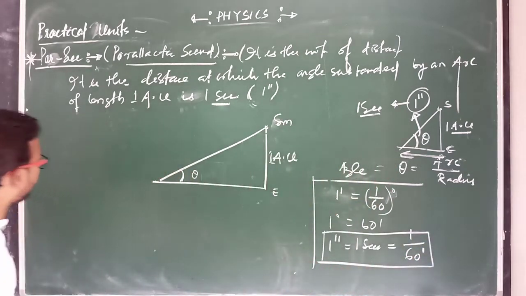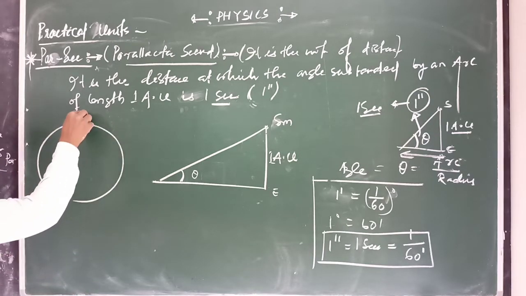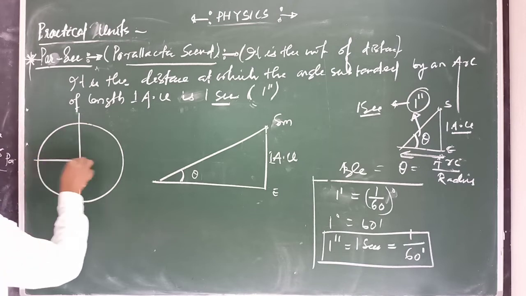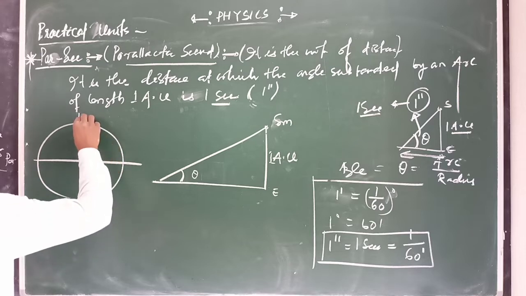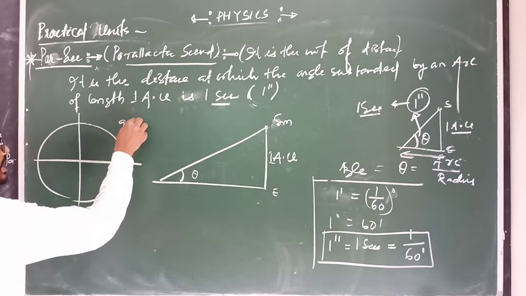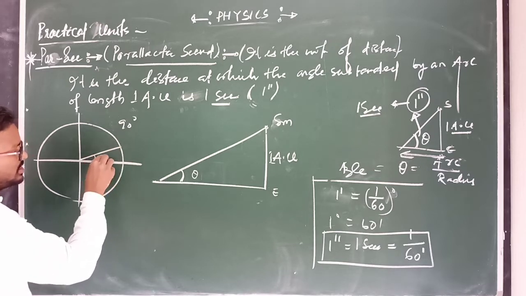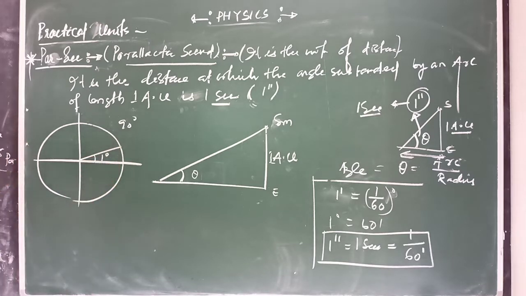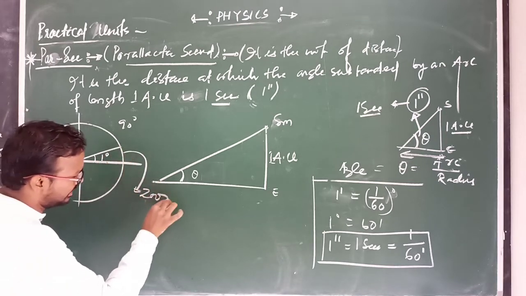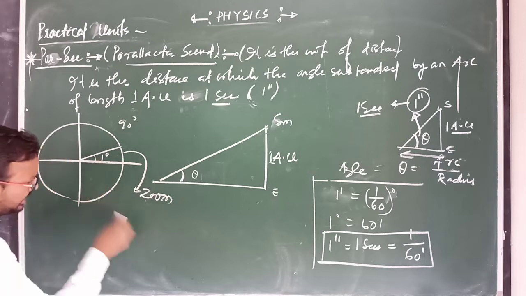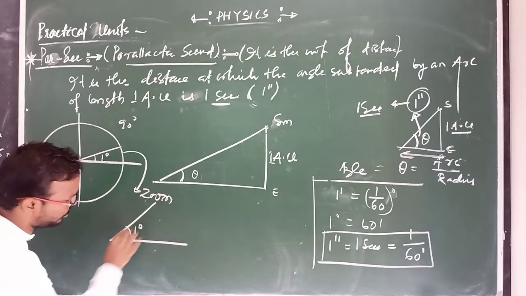Clear? If we take the total angle, which is 360 degrees, and divide it into 4 quadrants, each quadrant consists of 90 degrees. Now divide it into 90 parts, so one part is 1 degree. Clear? Now again suppose we zoom into this angle, which is equal to 1 degree.